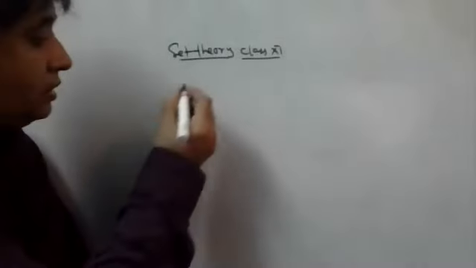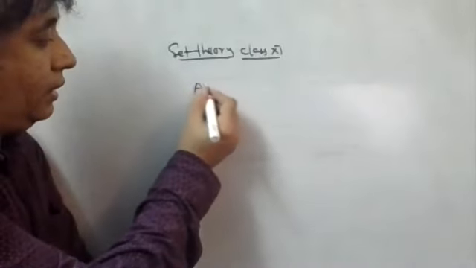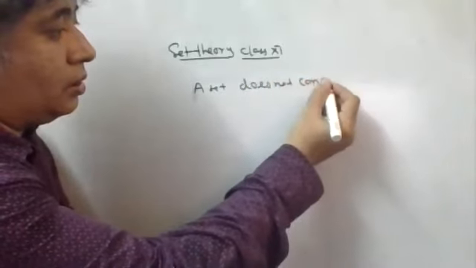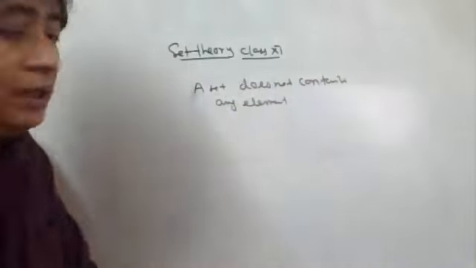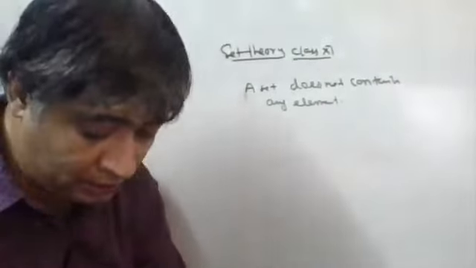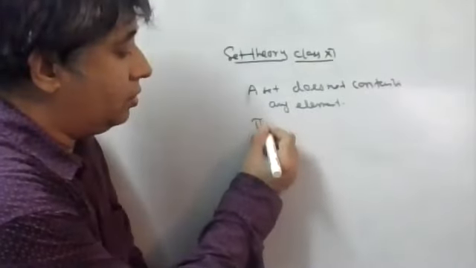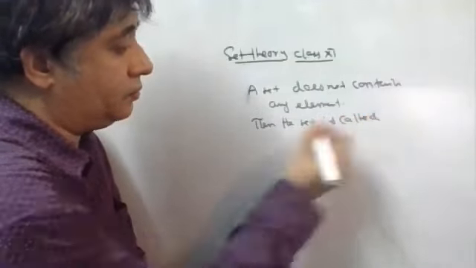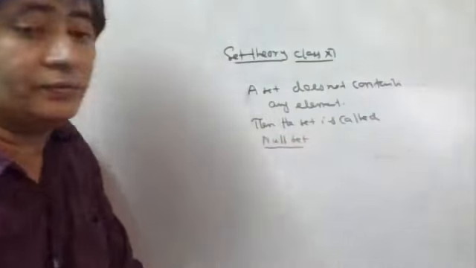Now, suppose a set A does not contain any element. Then what kind of set is this? Then the set is called a null set.